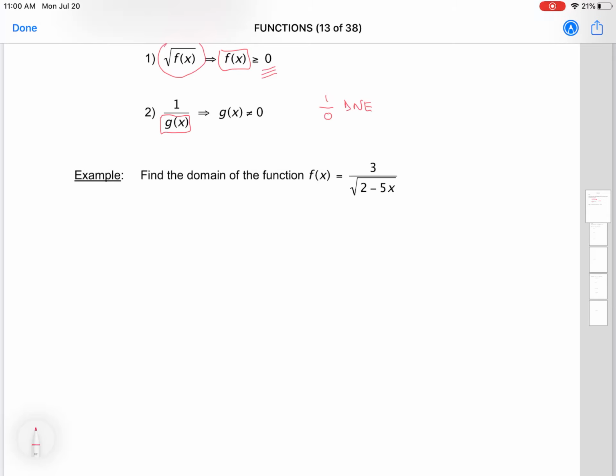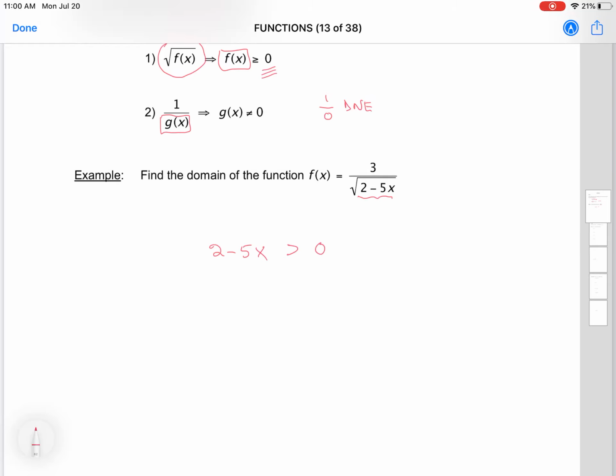Don't let the inside of a square root be negative, and don't have the denominator of a function be equal to 0. Taking a look at this example here, I think I have both situations in the same problem. I have a root and I have an inside, and that inside is also in the denominator.